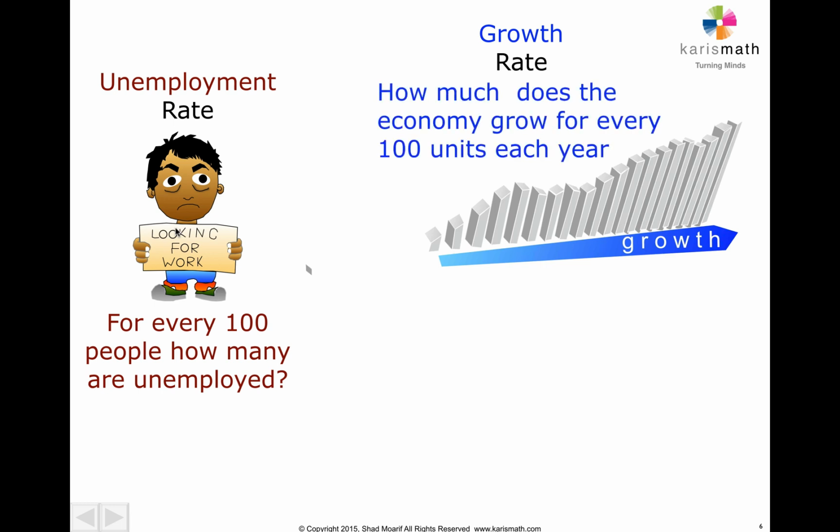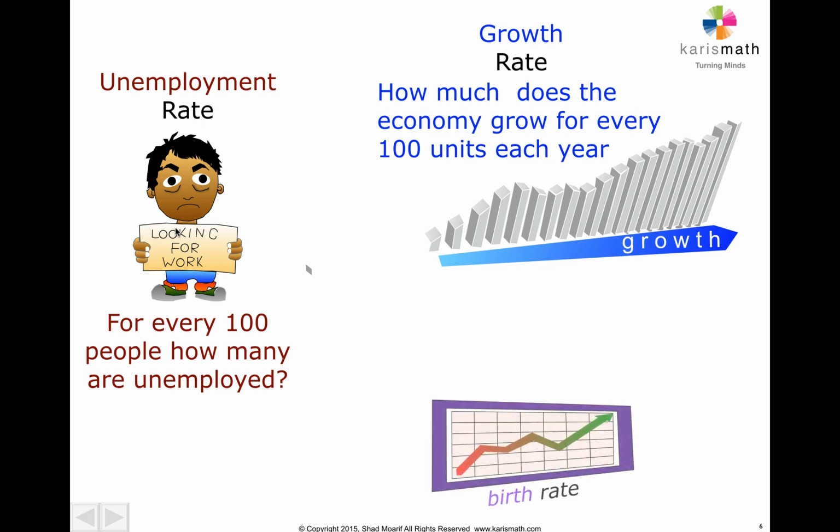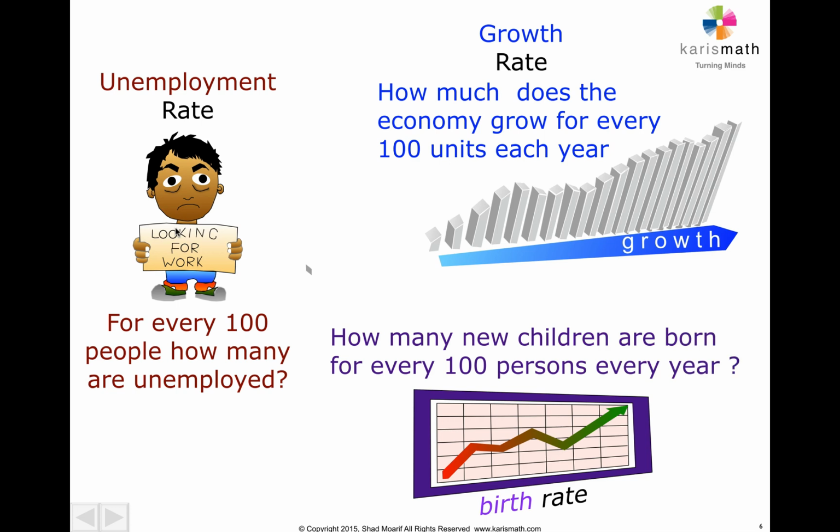How much does the economy grow for every 100 units each year? Or birth rate. How many new children are born for every 100 persons every year? So it's all given in terms of percentage, and you'll understand this kind of information better as you go higher up the classes. But right now, just try to understand the rate is a way of communicating very, very important information that you hear all the time, all around you.